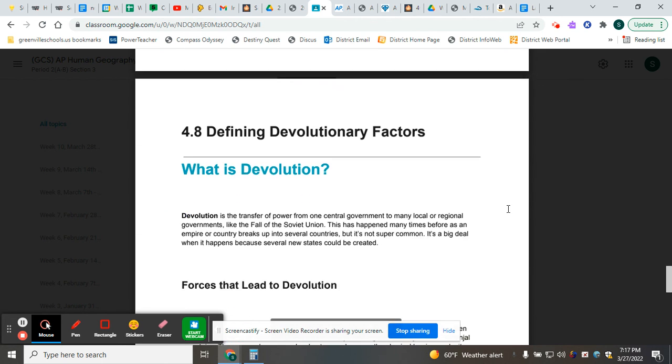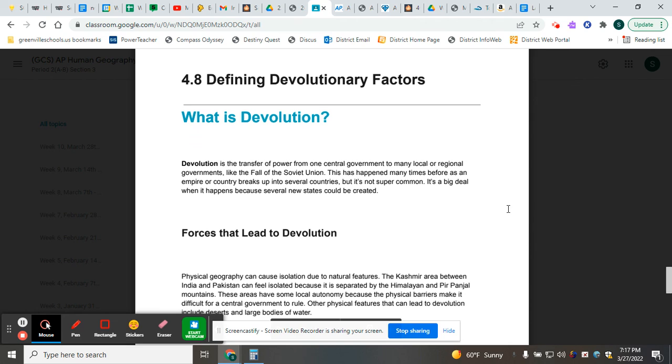All right, 4-8. What we call devolution is simply the transfer of power from one central government to many local or regional governments.